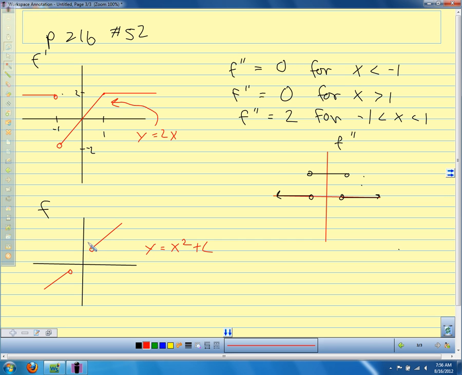So our parabola is going to look something like this. I didn't make it connect there at the origin. So there's our graph of our f.